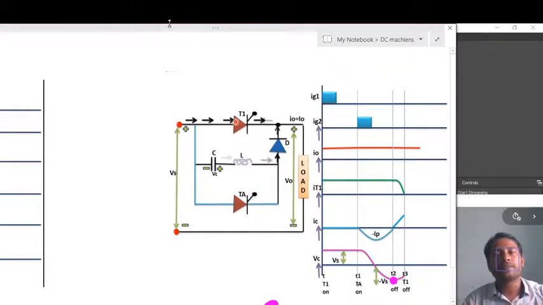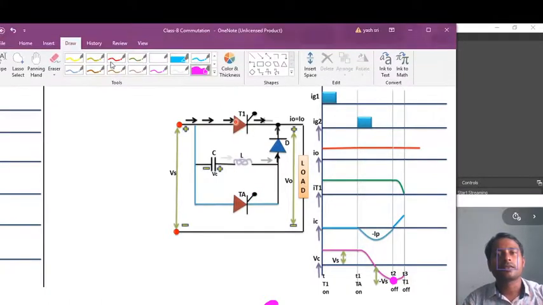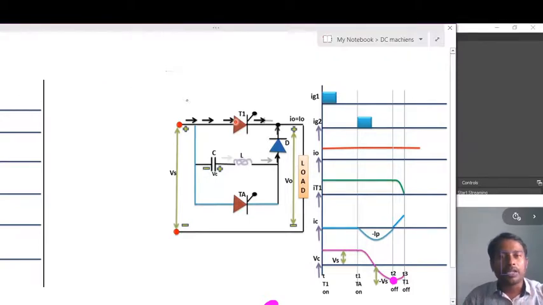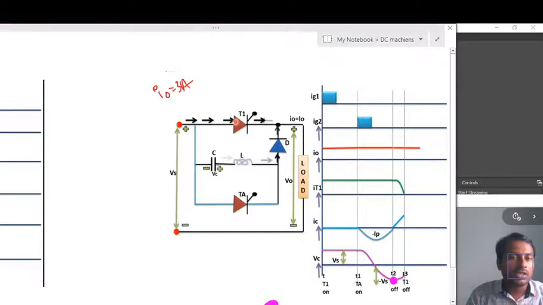Now look at this one. In the previous diagram I took the output current as 3 amps. Now observe here, this is the positive terminal of the capacitor, and this is the negative terminal. So look at this one, the capacitor discharges its energy through the diode in this direction, and the output current should be constant, that is 3 amps.